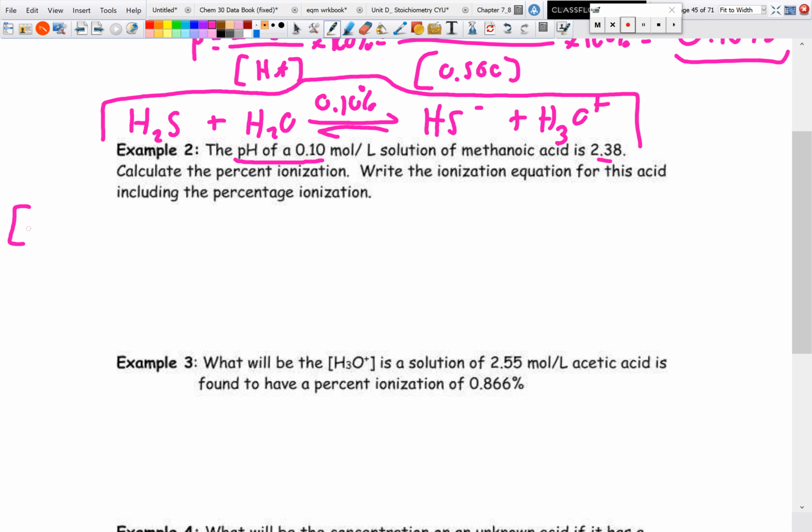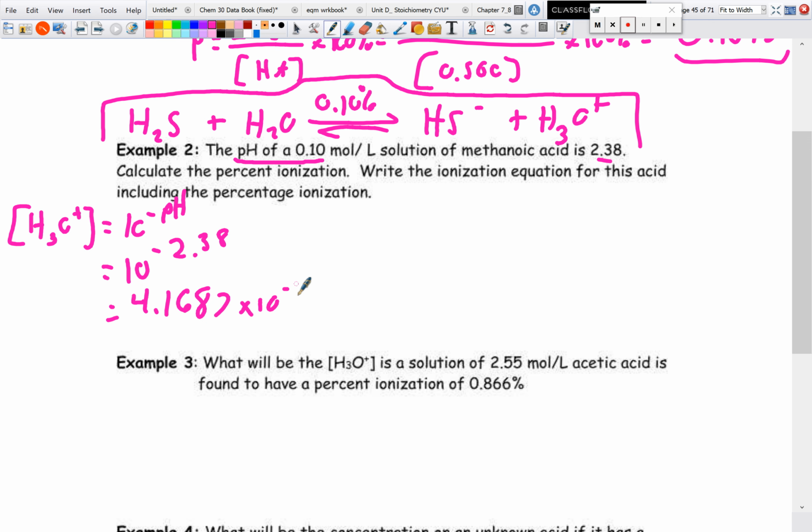So first step, the concentration of hydronium is 10 to the negative pH. So you should have had a lot of practice with that last week. So we get 10 to the negative 2.38, and we get a concentration of hydronium of 4.1687 times 10 to the power of negative 3 moles per liter.